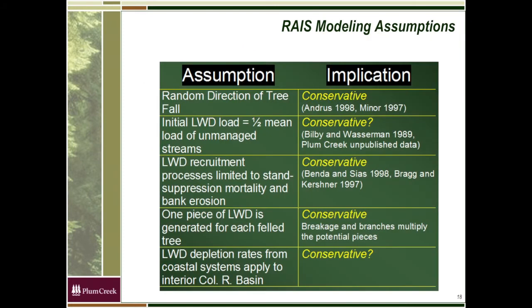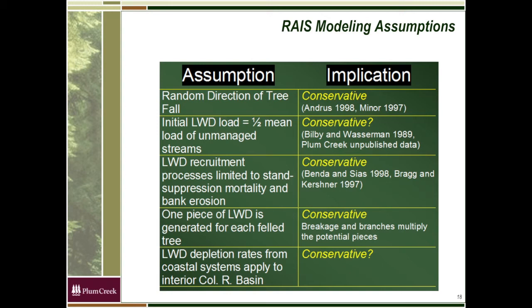I'll go into a little bit of our philosophy or our strategy in working with the Fish and Wildlife Service on this. But here are a number of assumptions that you have to have before you get into the RAIS model. One of them is random direction of tree fall.